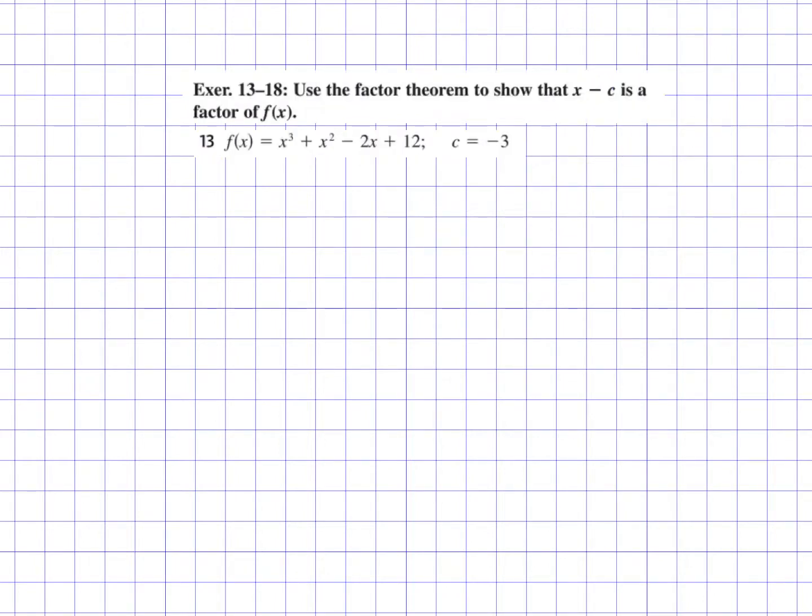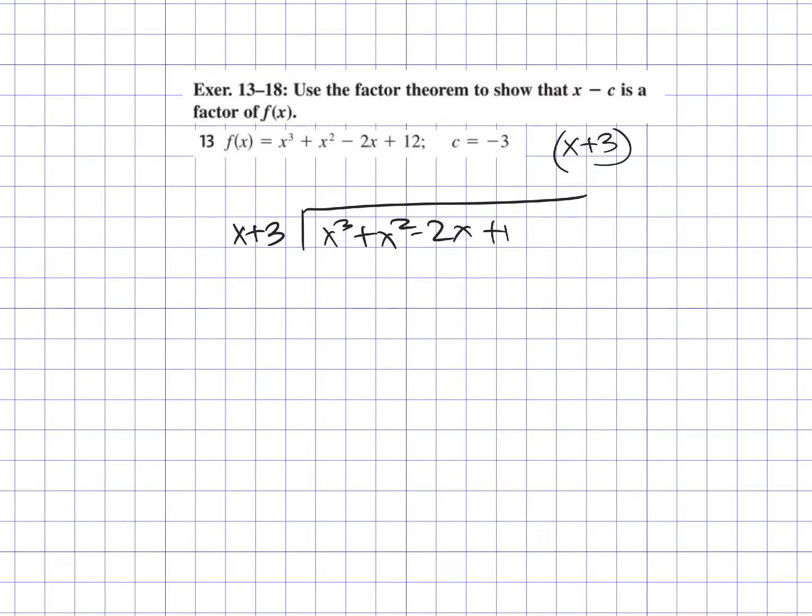Okay, use the factor theorem to show that x minus c is a factor of f of x. So basically what that's saying is you have x plus 3 as a factor. Does that work? You can substitute, or you could do long division if you wanted. So x cubed plus x squared minus 2x plus 12.